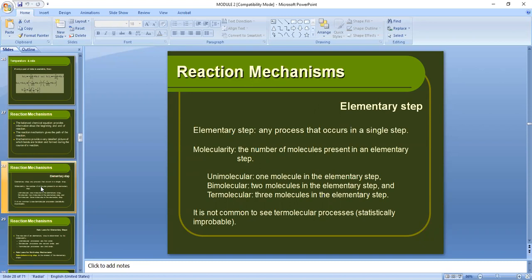It is not common to see a termolecular process. Statistically, they are improbable. Meaning you don't have a single reaction that has three reacting species present in it. Oftentimes, what you have is just a single species or two species. If there's a need for the product to be formed from three different reacting species, oftentimes it requires a series of reactions, not just one particular reaction for its formation.